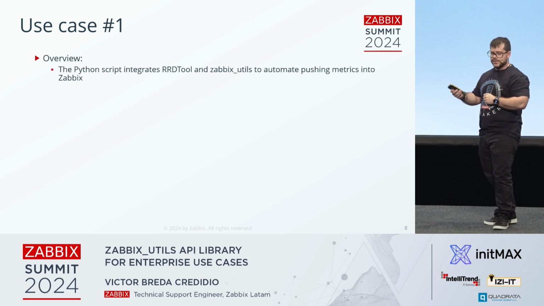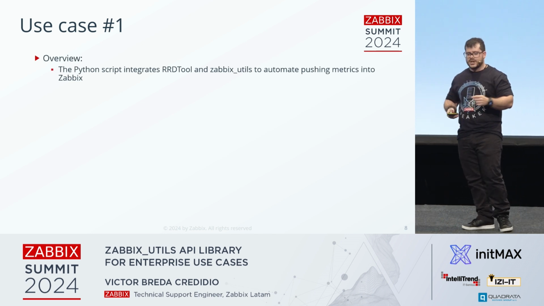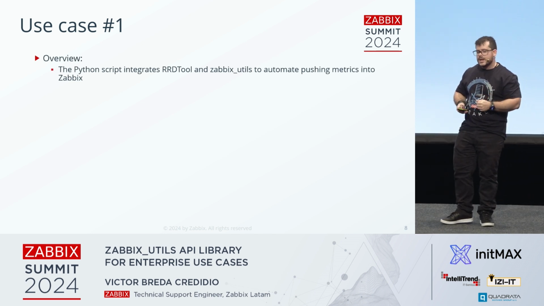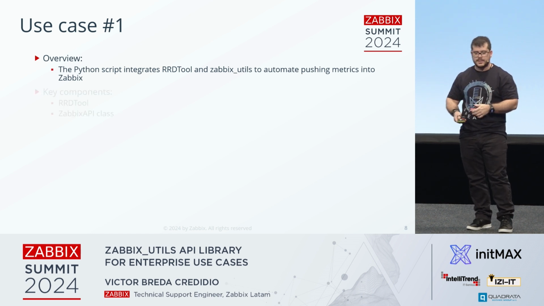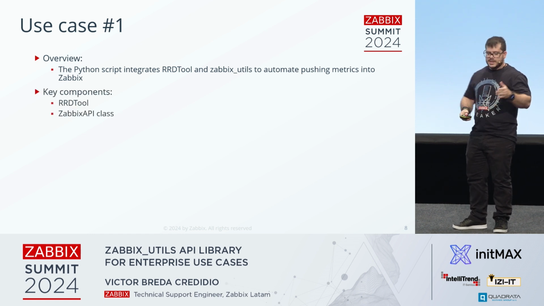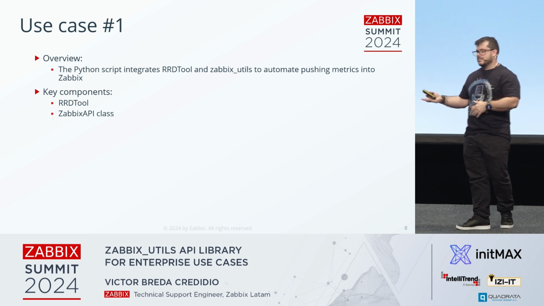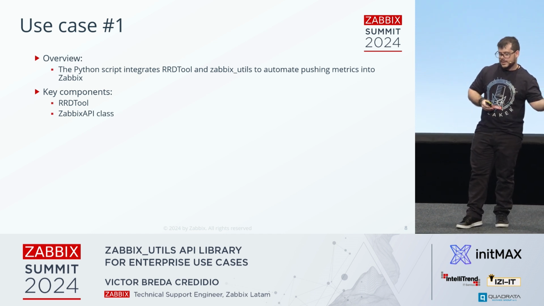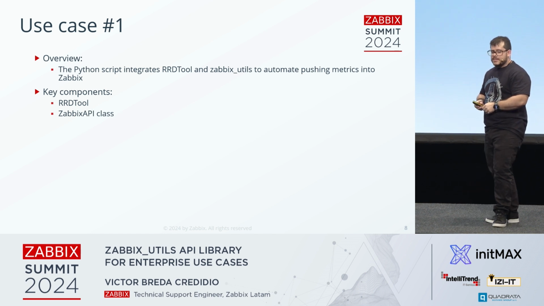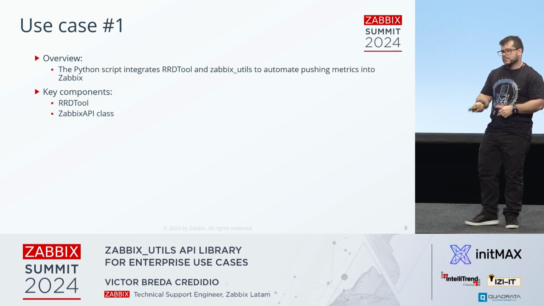So, okay, the overview. A Python script that integrates RRDtool and Zabbix to automate pushing metrics into Zabbix. The key components were rrdtool, which is a library to deal with RRD in Python, and the ZabbixAPI class from zabbix_utils.